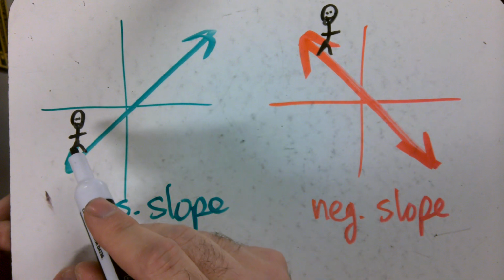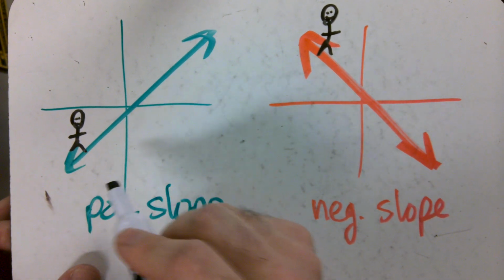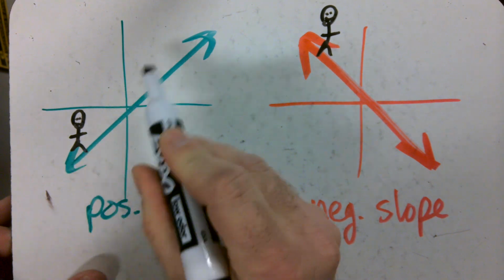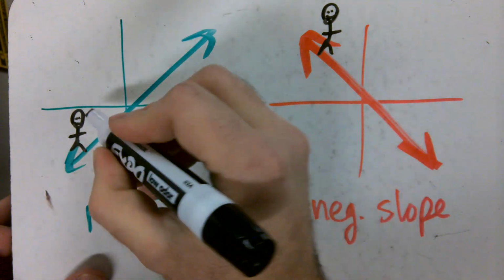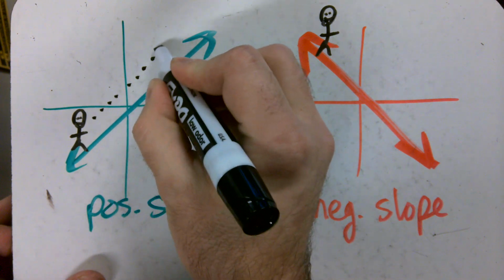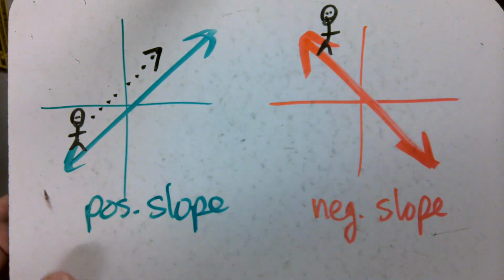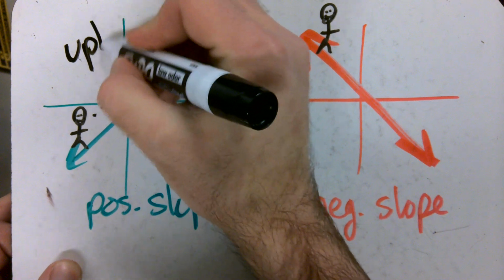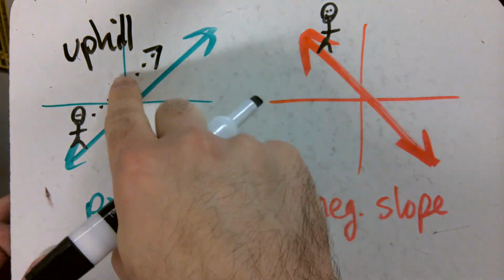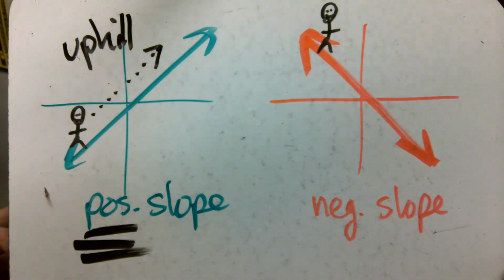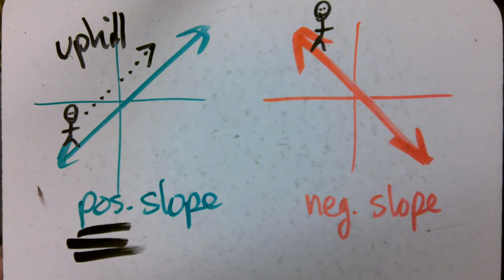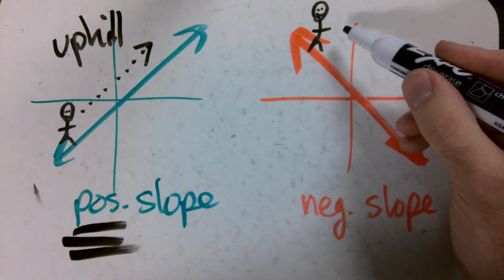So if you told your little stick figure guy or lady to walk this line, let's take a look at the green graph first. Would this stick figure have to walk uphill or downhill? Uphill. If you're walking uphill, the slope is positive. What about this little stick figure over here on this red line?